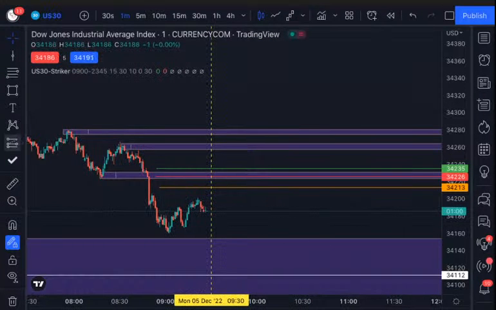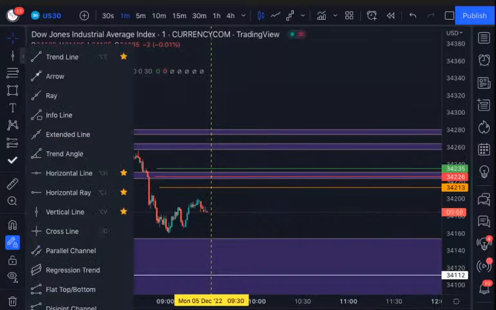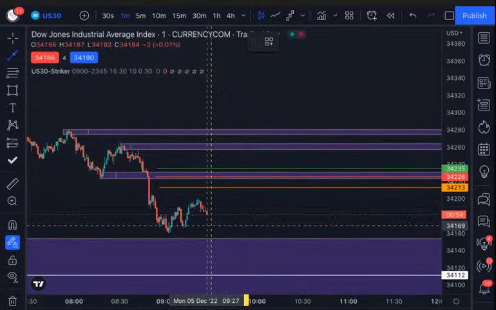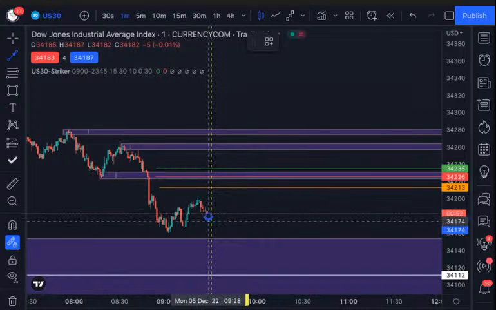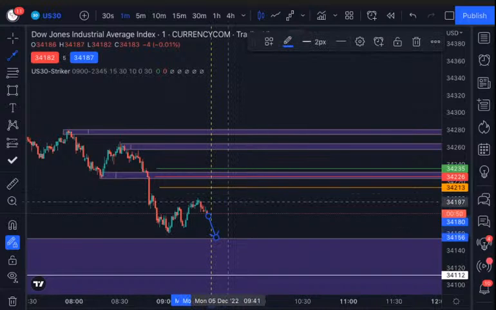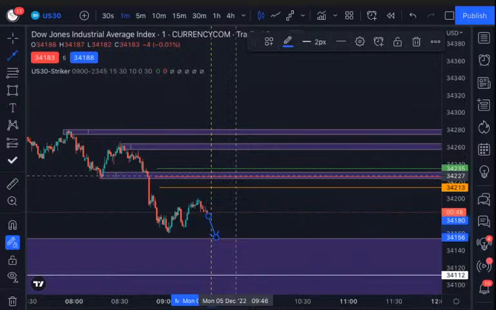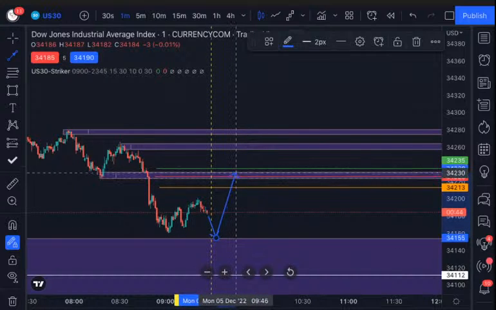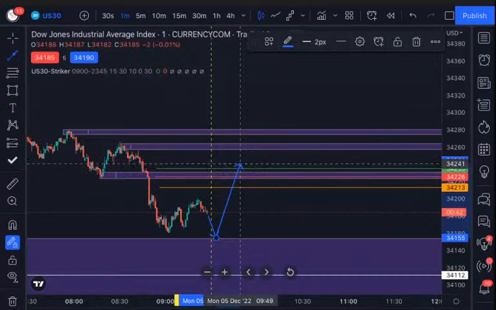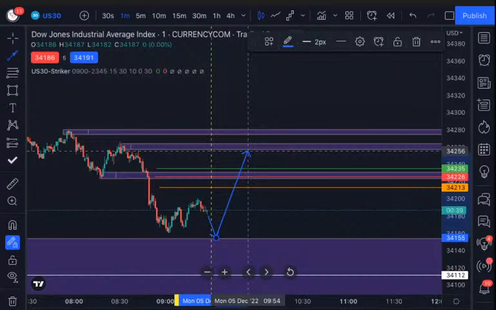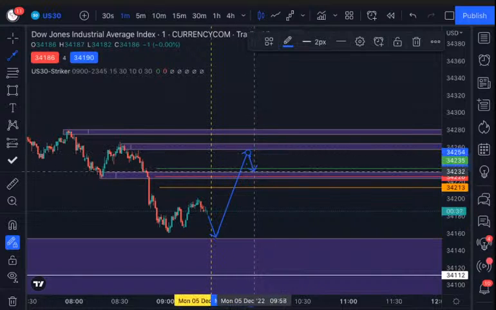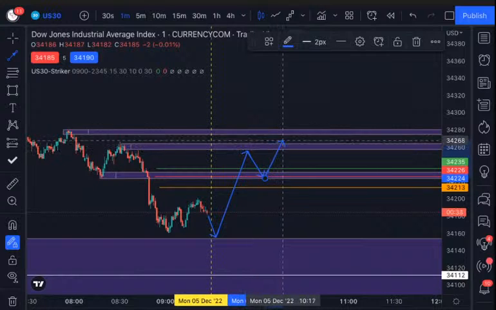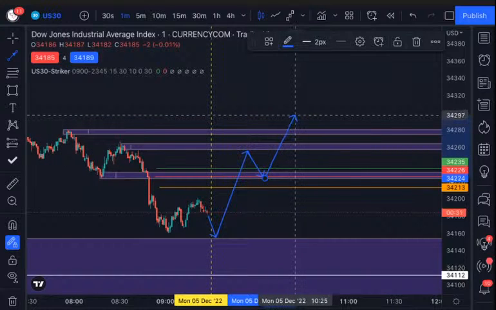So what we could be looking for possibly is price might come down, then come back up, right? It may reach all the way up here, come down, and then continue upwards.